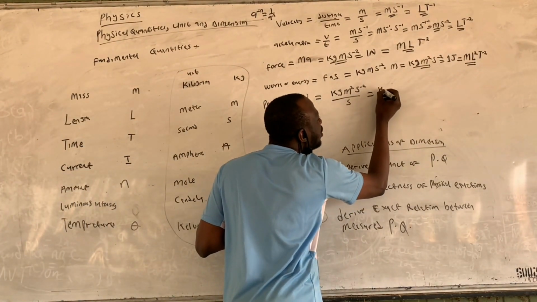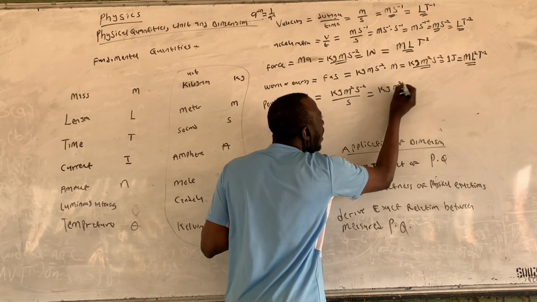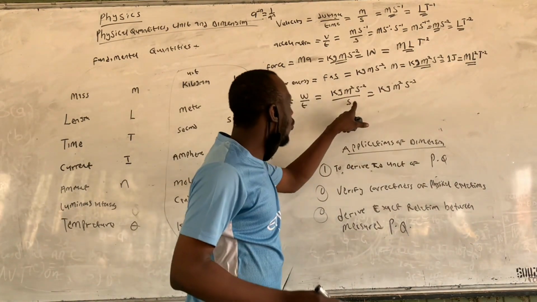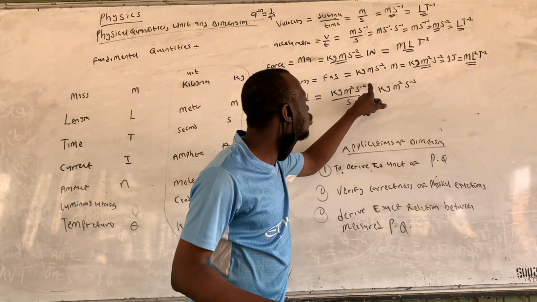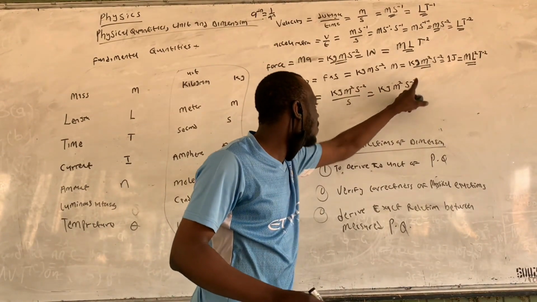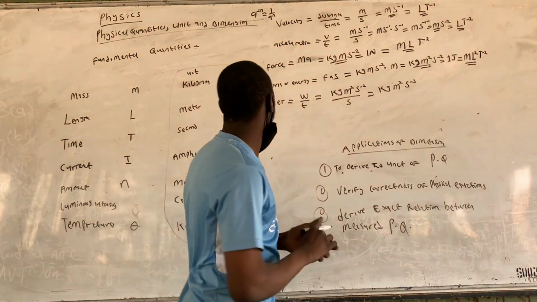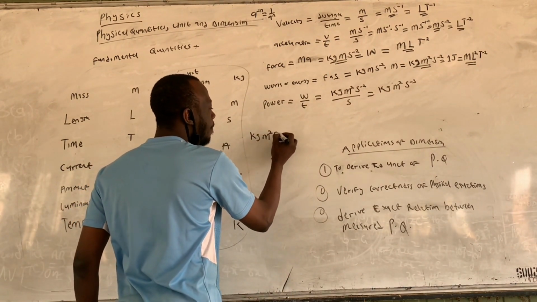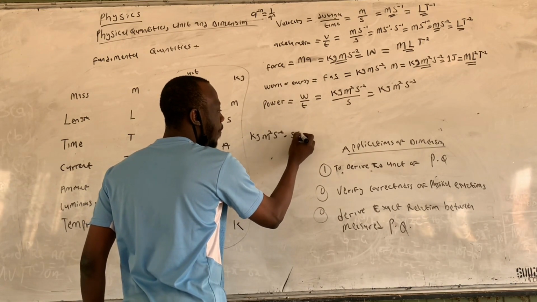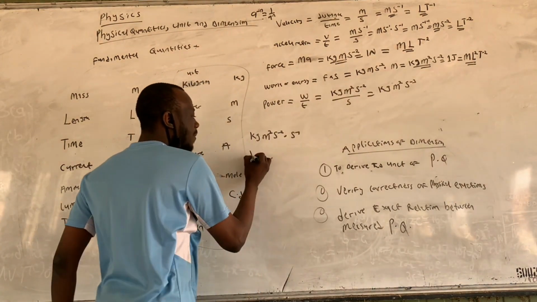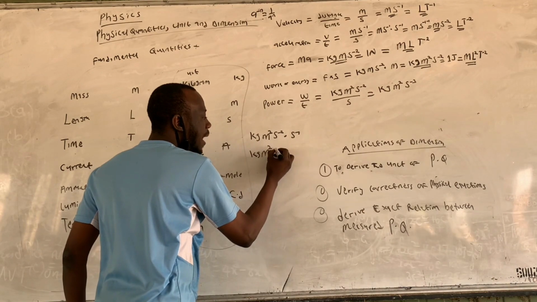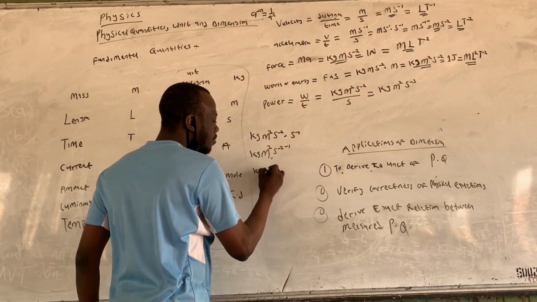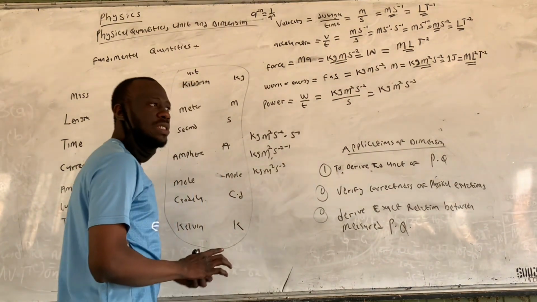We have kilogram meter squared, and minus 2 minus 1 gives us minus 3. Remember, when this comes up, it becomes minus 1. So minus 2 minus 1 is minus 3. What I mean is that you have kilogram meter squared per second squared, and when the second comes up, we have kilogram meter squared per second cubed. This is how we got this.